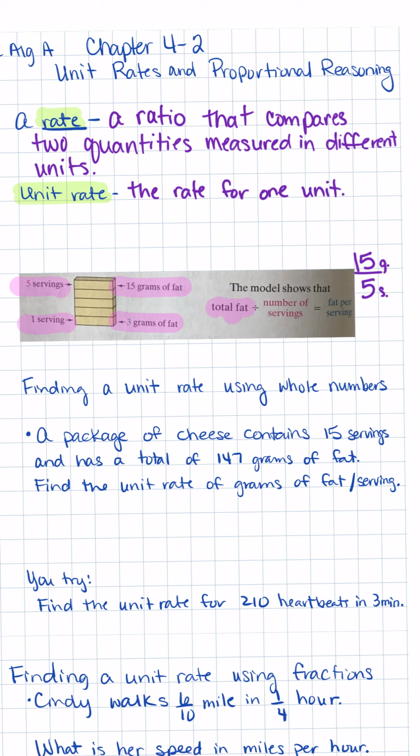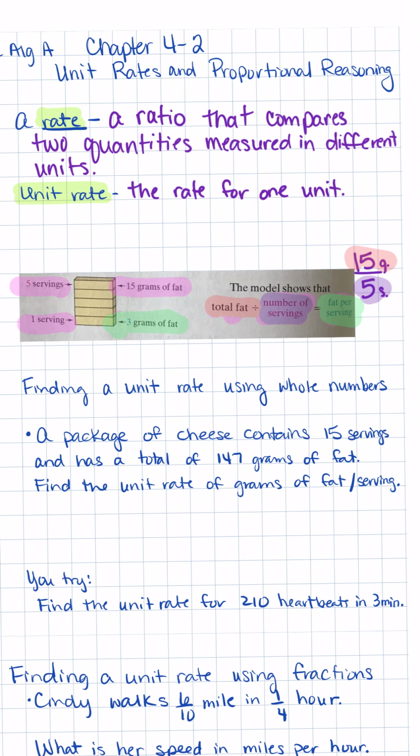So you're taking the total fat and dividing it by the servings, and that equals the fat per serving. The total fat was 15 grams divided by the number of servings, 5, and that gives us the fat per serving, 3 grams of fat.